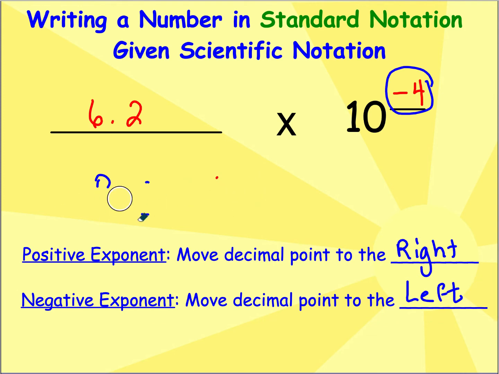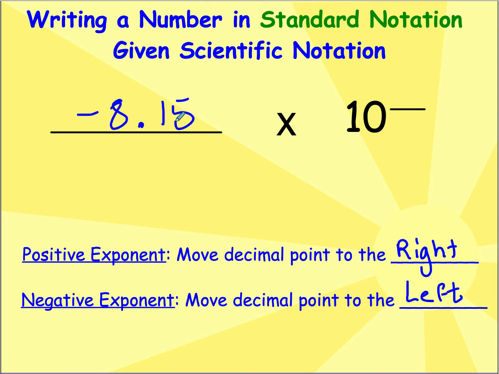And remember that if the base is negative, the rule still applies no matter what the exponent is in terms of being negative. So we don't do a negative of a negative or anything. So if I had -8 and 1500ths times 10 to the -6, I know it's going to be negative, and I'm going to move the decimal place back 6 digits. 1, 2, 3, 4, 5, 6.